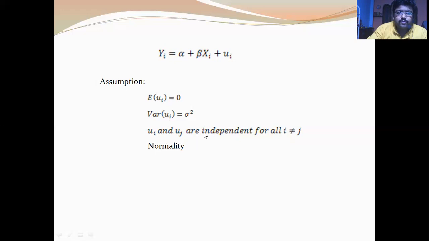Okay, so if we consider y as saving and x as income, and we have a pictorial representation, then we can understand what the u, the error, is.